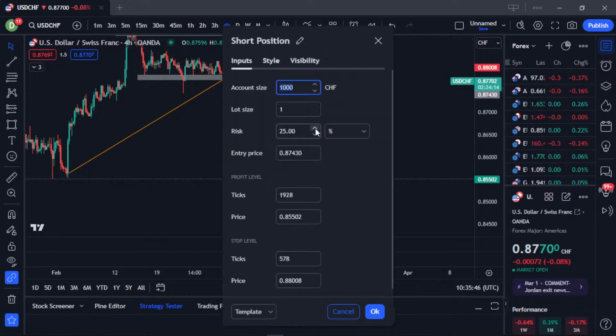So USD-CHF on the 4 hour time frame, whosoever requested for it, it's a sell opportunity, and your entry point should be at 0.87430, and then your take profit price should be at 0.85502, and then your stop loss should be at 0.88008. So you can take a snapshot of it right now.